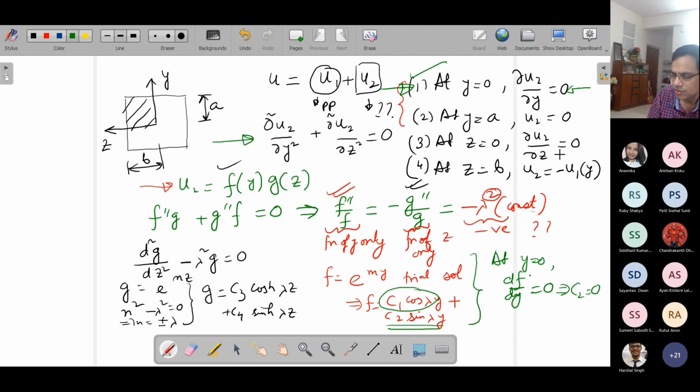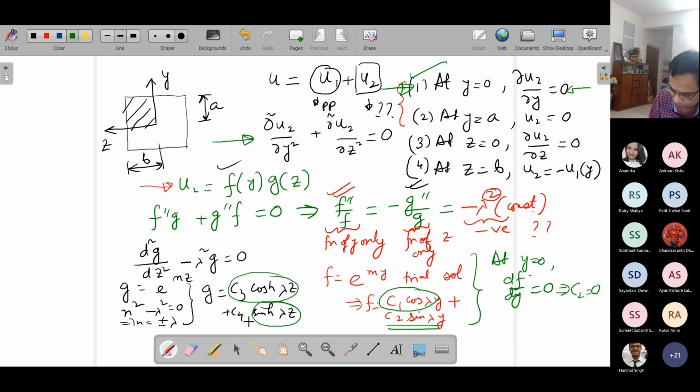So at Z is equal to 0, when you make the derivative of G with respect to Z, cos h will become sin h and sin h will become cos h with whatever plus minus sign. Now if that becomes 0, this will be the sin h term, and if you substitute Z equal to 0, that will become 0. And this will become cos h term. At Z is equal to 0, cos h term will become 1.